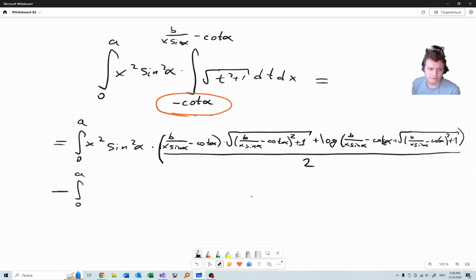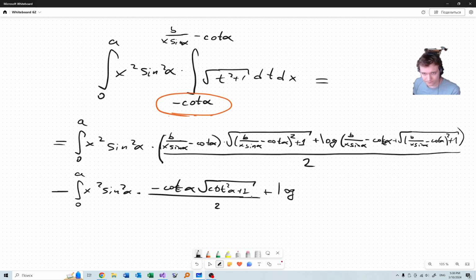Let's do it separately. x squared sine squared alpha times, not integral, but times fraction. 2 again, so here we have minus cotangent alpha times square root of cotangent squared alpha plus 1 plus logarithm of, not b over x, but minus cotangent alpha plus square root of cotangent squared alpha plus 1.